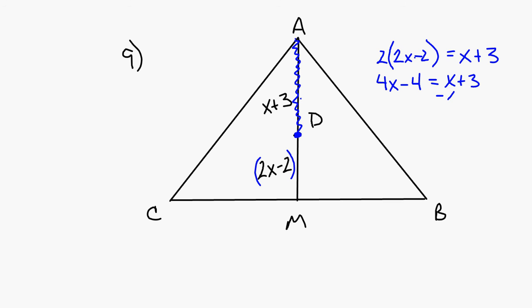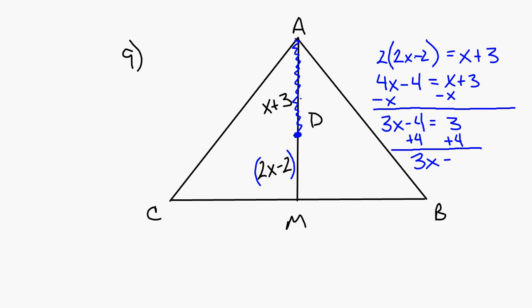If you subtract x from each side, then 3x minus 4 equals 3. If you add 4 to each side, then 3x equals 7.